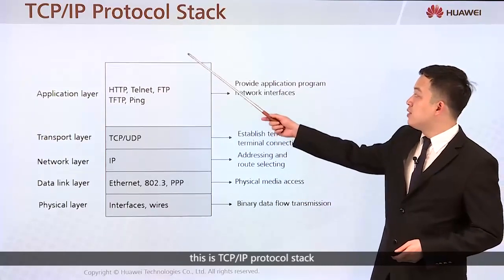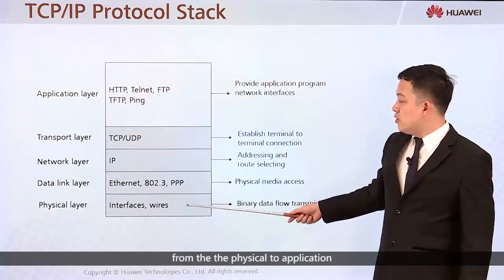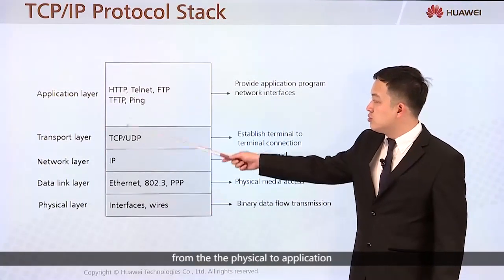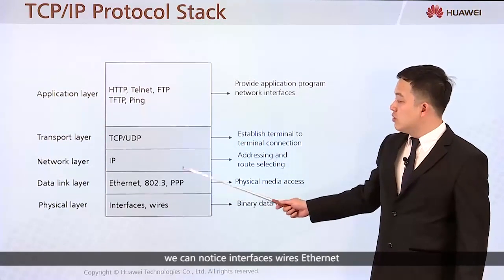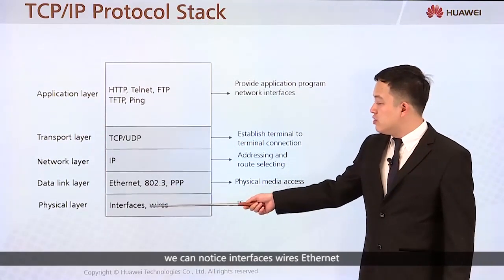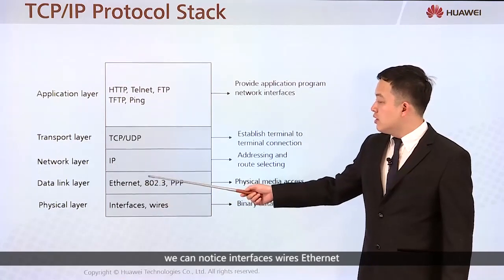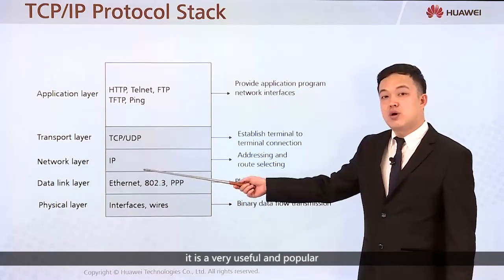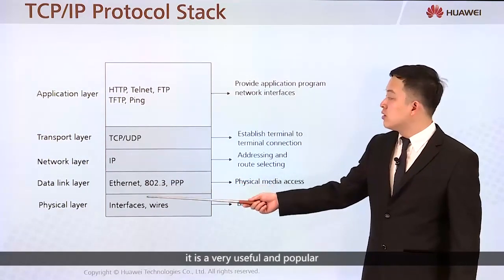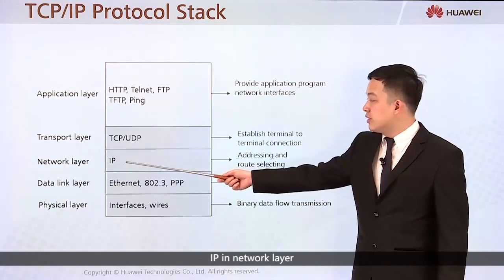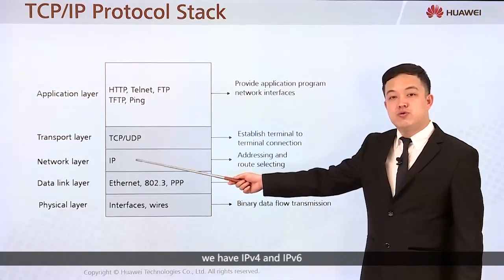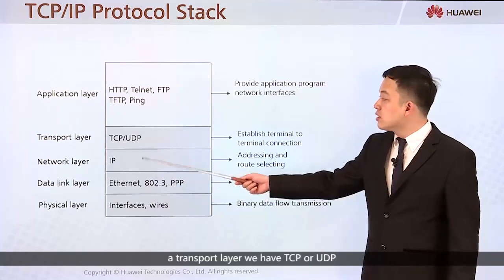This is the TCP/IP protocol stack. From the physical to the application layer, we can notice interfaces, wires, Ethernet. Ethernet is very useful and popular. IP is in the network layer. We have IPv4 and IPv6.